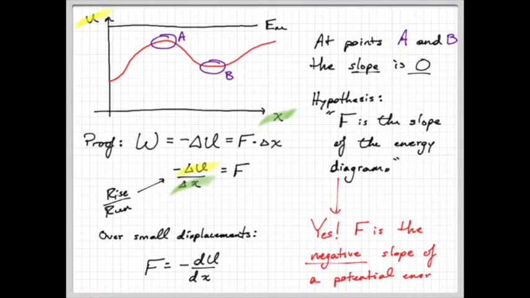Okay, so it's important to understand the negative part. If the graph is going upwards, for example, then that means it has a positive slope, but since force is the negative slope, that means you're doing a negative force on it. Again, think of gravity. If I throw the ball up in the air, it's losing kinetic energy because gravity is slowing it down.